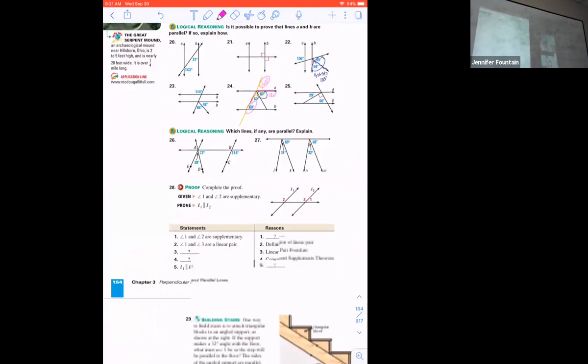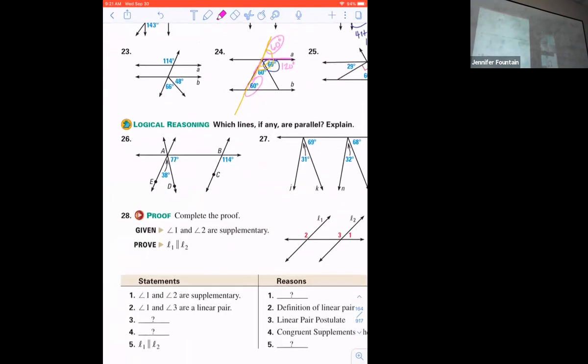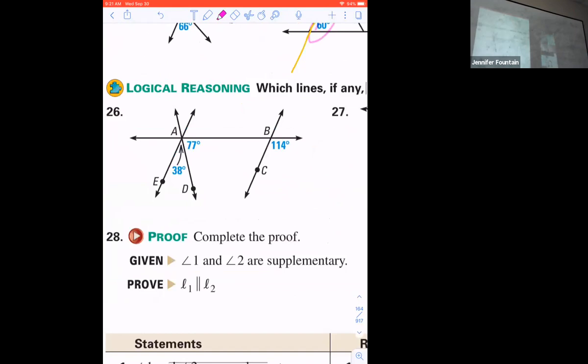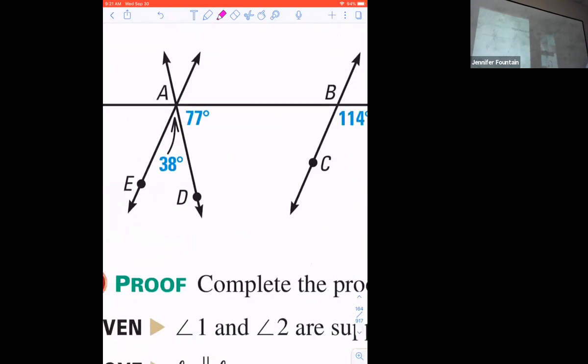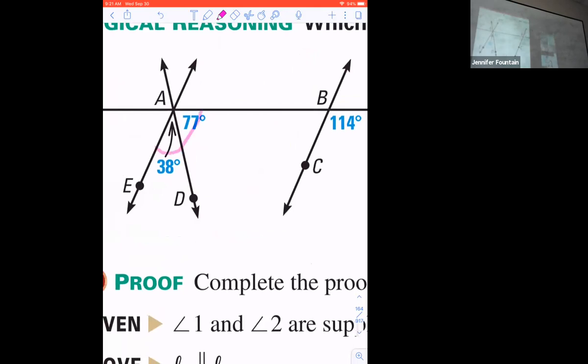Let's look at 26. Which lines, if any, are parallel? So let's take a look at this. To know that these are parallel, I know that this angle and this angle would have to correspond, right? Okay, so what is 38 plus 77? 115.